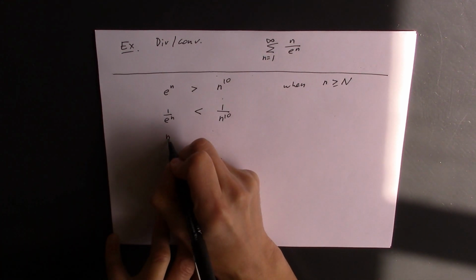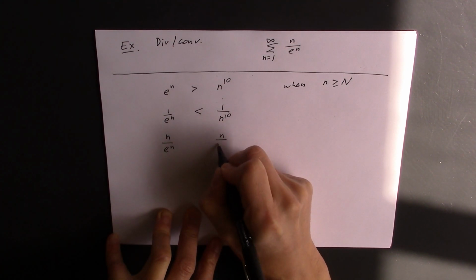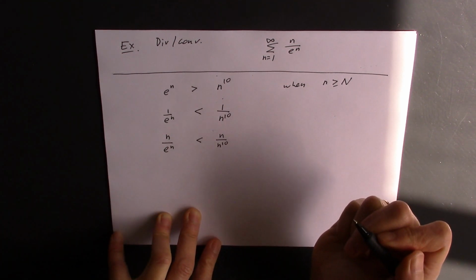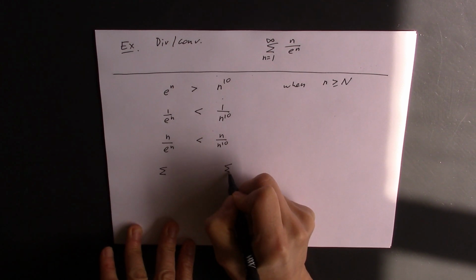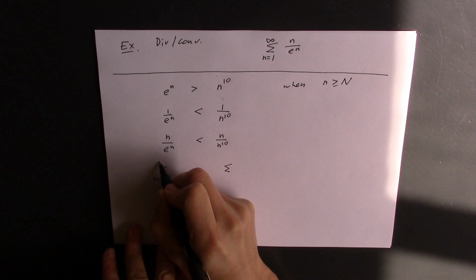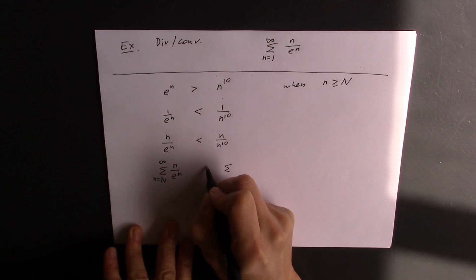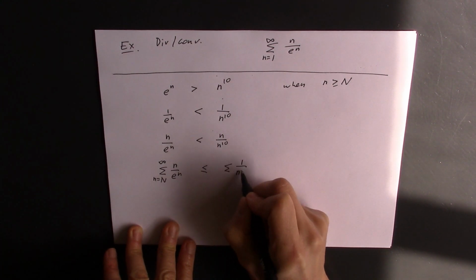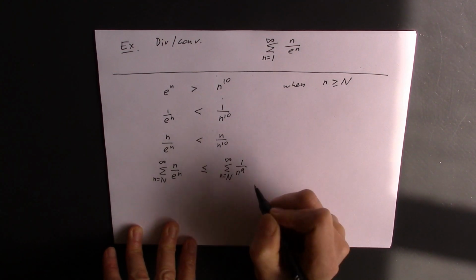So multiply both sides by n. We're going to get an expression which looks like this. So we conclude, if we switch to series, that the series on the left, n over e to n, is supposed to be less than or equal to the series 1 over n to the 9, starting with capital N.